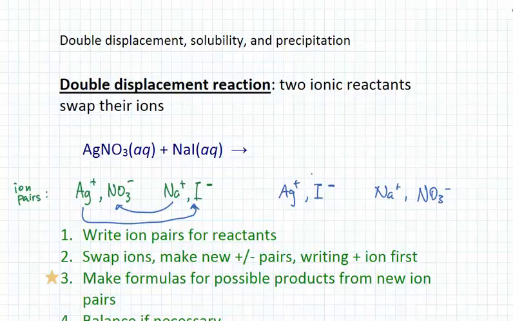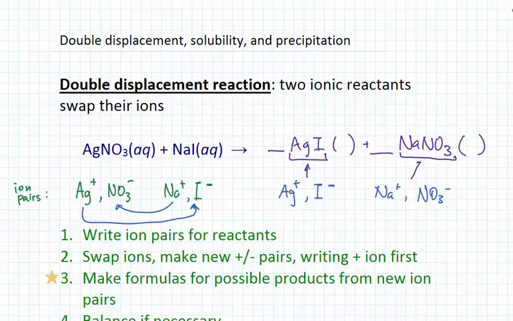And then what we do is write the formulas from those. And these ones are pretty easy because what formula could I write from silver plus and I minus? That's pretty simple, right? It's just AgI. But again, let's leave room for a coefficient, formula, phase label. We don't know its phase label yet. Coefficient, NaNO3, phase label.